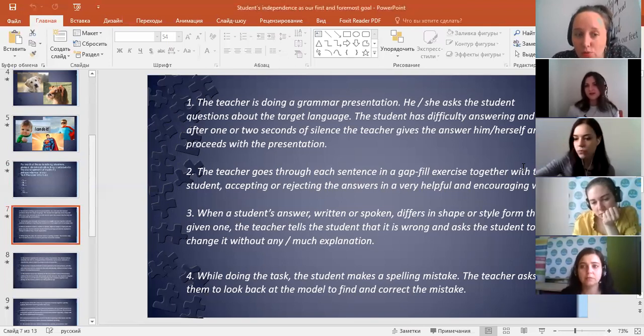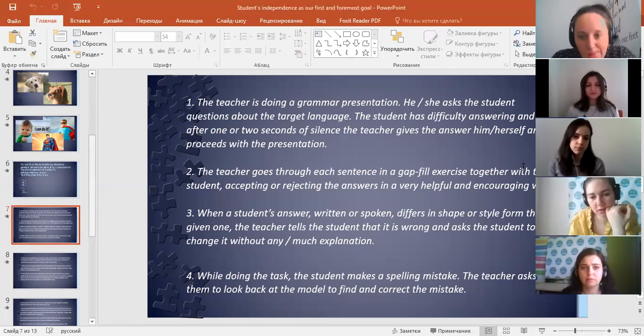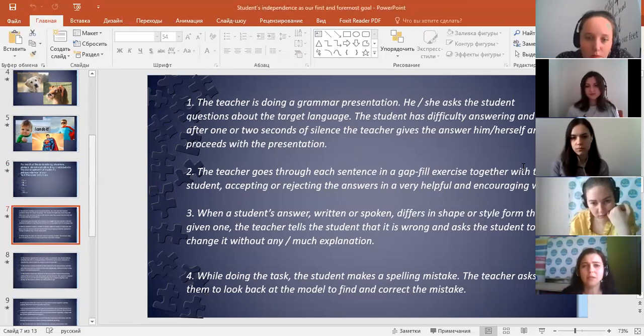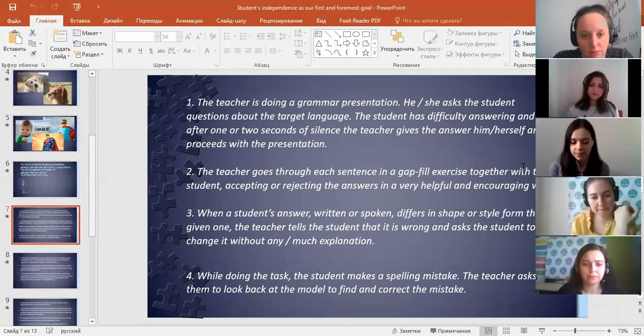Yeah, but first give a student a chance to do everything, and then maybe do this, not every sentence together with a student. Maybe it also depends on the level. If it's an elementary level, it would be quite acceptable to practice it with a student and drill it at the same time. Maybe do one or two together, and then give an opportunity. Well, probably, yeah. So the second one is not good.